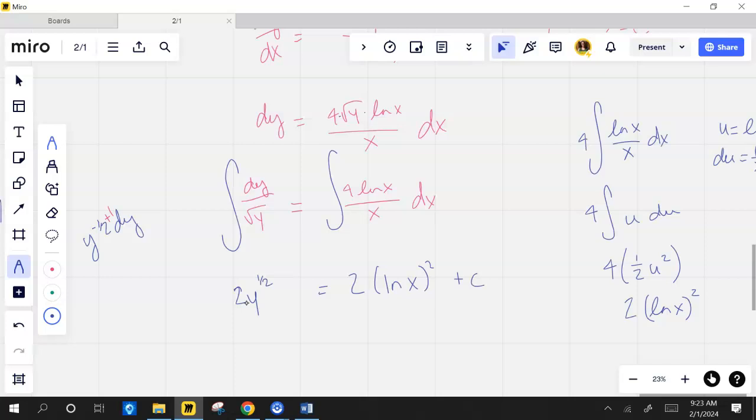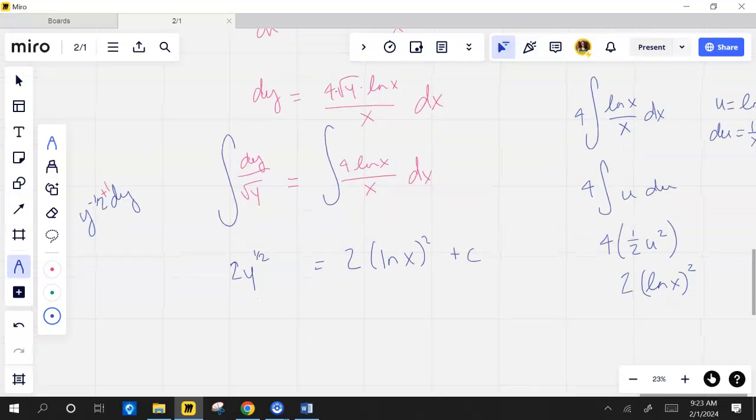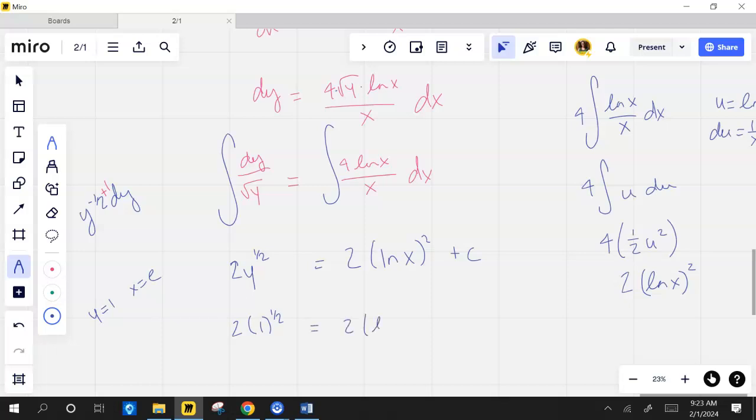Plug in my initial condition and solve for c. What was the initial condition here? 1 and e. Y'all are all running ahead of me now.